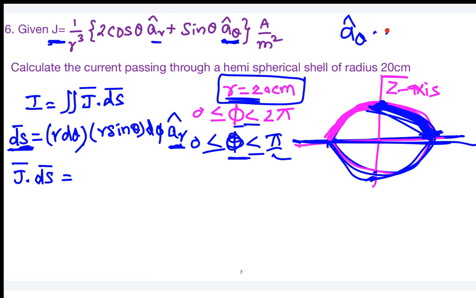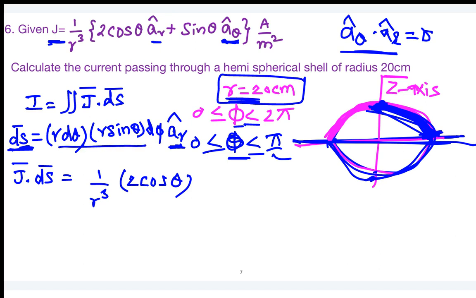So the second component can be neglected because the dot product will always be 0. Both are perpendicular, so cos 90 will be 0. So your J dot dS right away will become 1 by r cube into 2 cos theta into ar dot ar is 1, and this one if you do it, you will get r square sin theta d theta d phi. That's it.